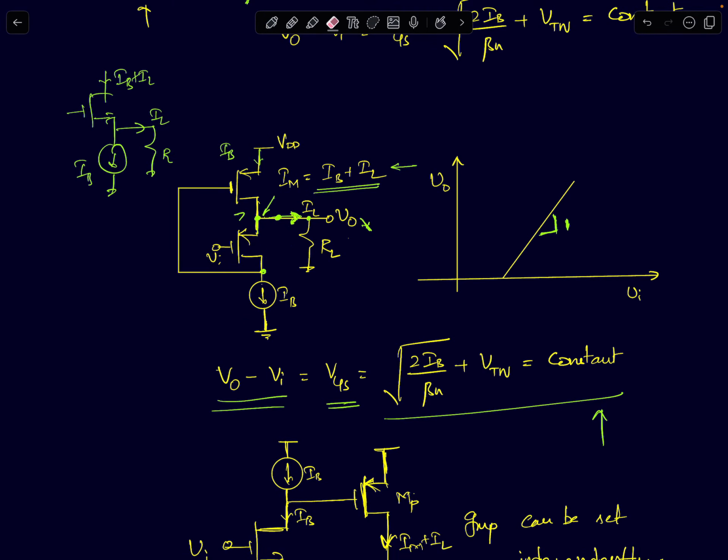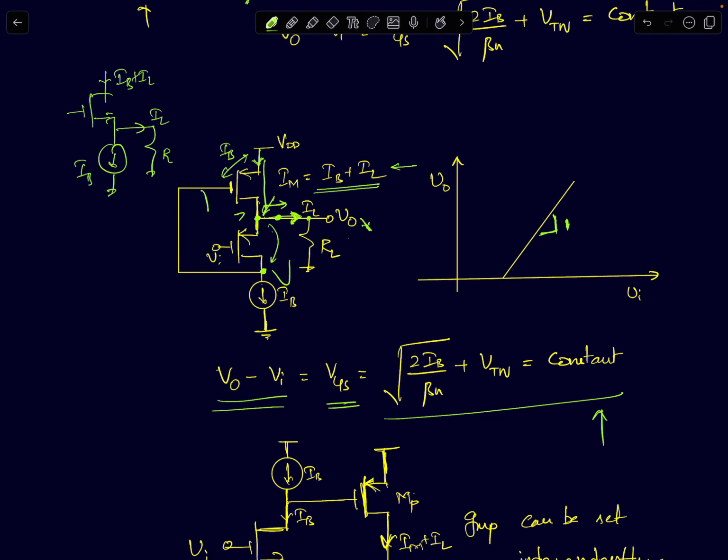So you have a PMOS whose source is changing. Immediately this node will also go down by a much larger value because it's an amplified version here. It's a common gate amplifier. So when this goes down, the gate here goes down, so the drain current of this MOSFET will increase. And the process will continue until the drain current of this MOSFET becomes equal to the load current.